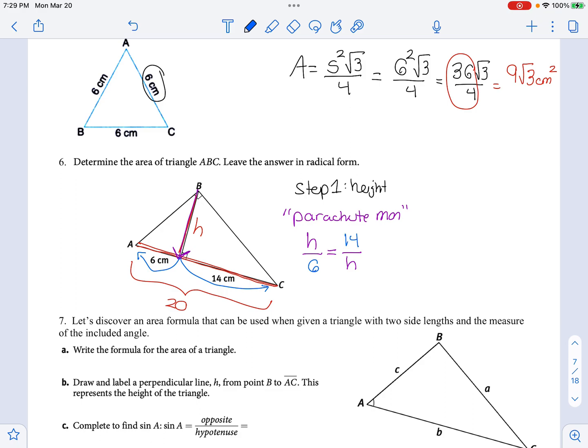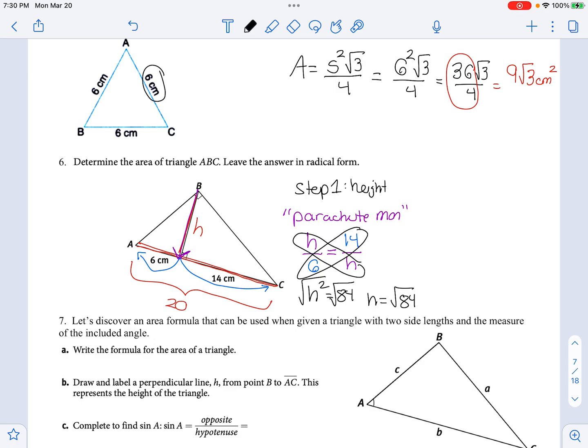And then we're going to cross multiply to solve for H. H times H is H squared. And if I grab the calculator here, 6 times 14 is 84. So to find the height, we will have to take the square root of that, which means we have the square root of 84.